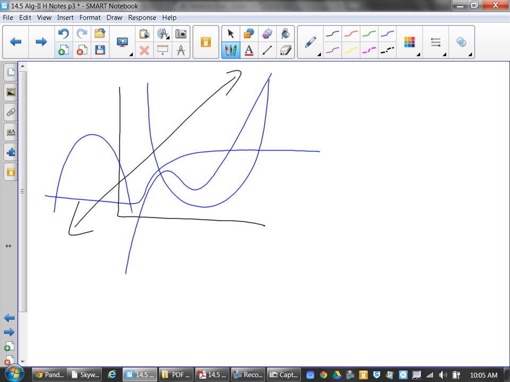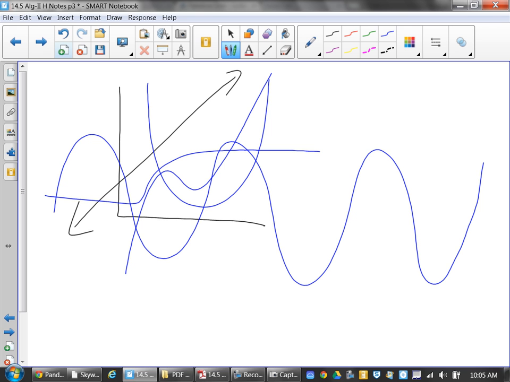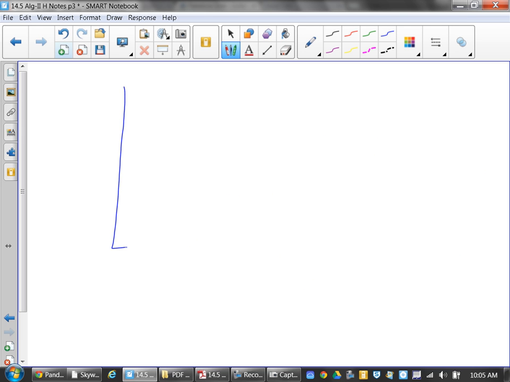Exponential. Sinusoid. No, that's a cosine. What was the one you did before that? Logistic. The logistic are increasing. Exponential. It's exponential because the rate of change is increasing each time.